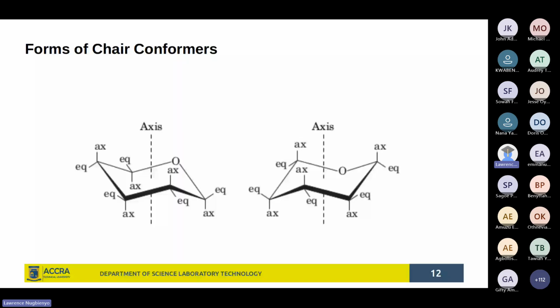And if those groups are bigger, then of course there is supposed to be an arrangement of these groups such that they will have enough space around them to prevent steric hindrance between these groups. So you can have these different forms of chair conformers in there.